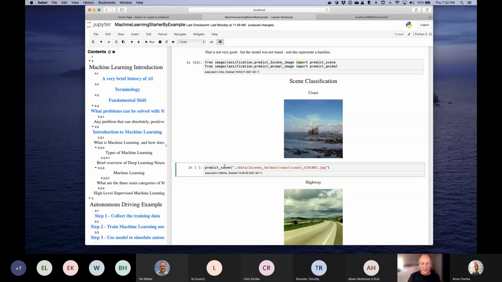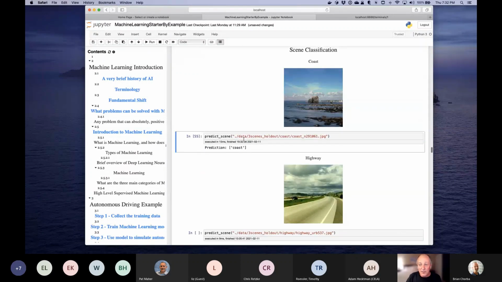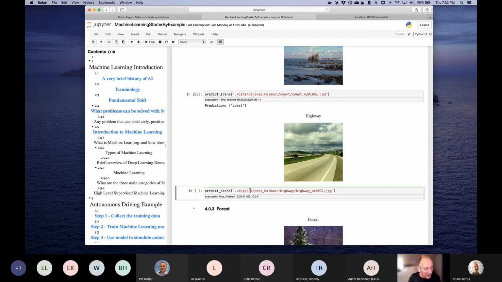All right, I'm going to try to send that coast picture into models that I've already created. So I'm not actually creating them this time like I did with the car, because these take a little while. And this model was actually able to say that this particular picture was most like all of the other coast pictures, just looking at the color distribution. Now, it doesn't always work.